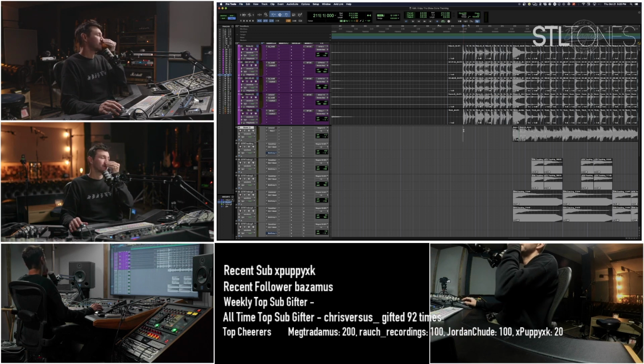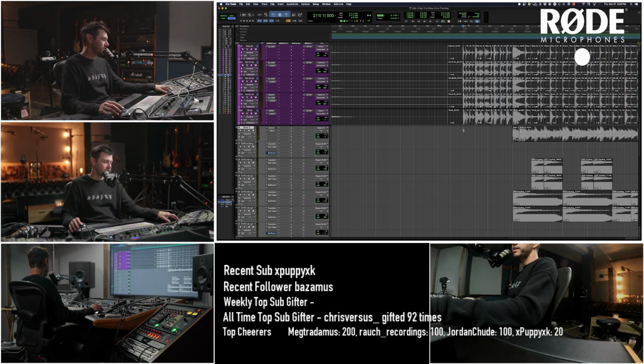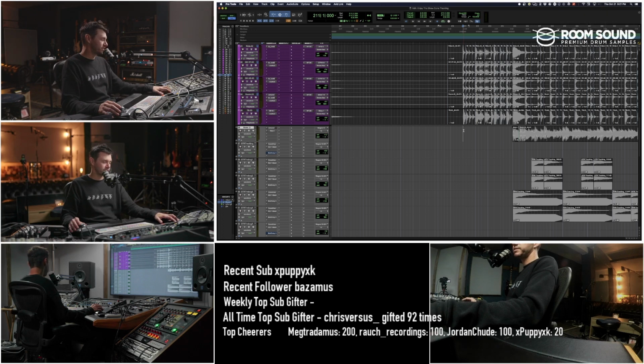I would use a Decapitator just for simplicity over some channel strip like this. I guess if you don't need the EQ power, I just use Decapitator, because that'll get you the saturation and the harmonics.